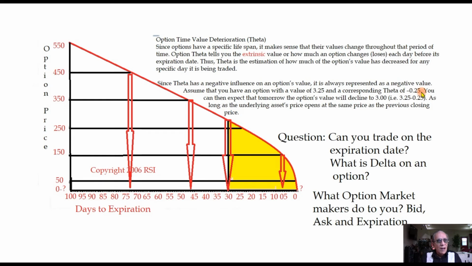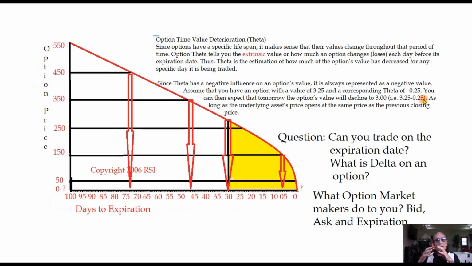And this is what happens. You can then expect that tomorrow the option value will decline by, i.e., 3.25 minus 0.25. So if the option is worth about $3 and it has a theta of negative 0.25, that means it is going to lose 25 cents. So it's an option worth $3.25, and its value will decline by 25 cents.